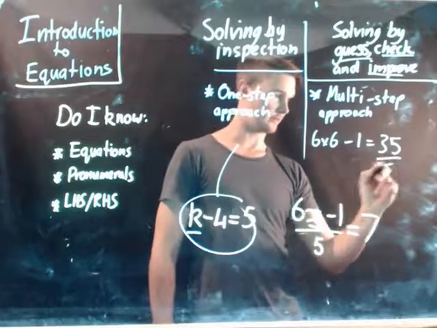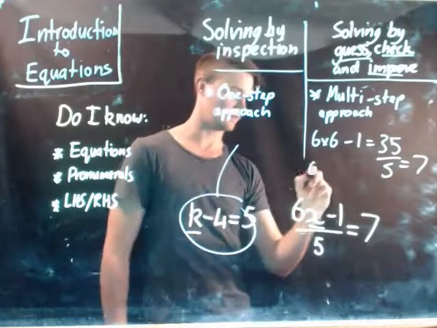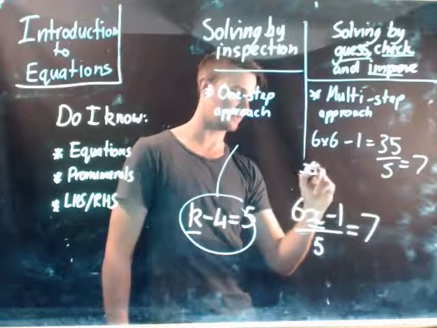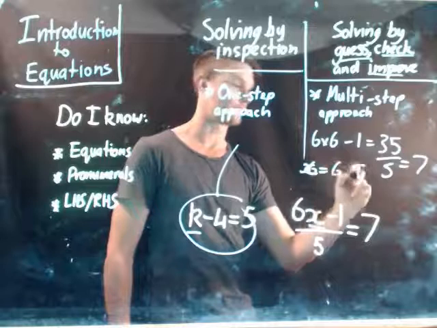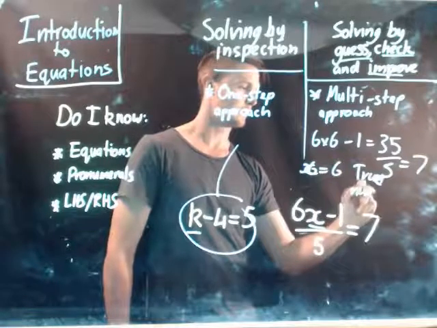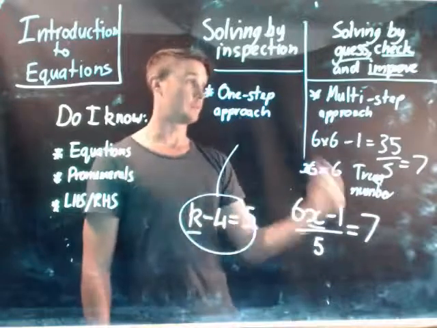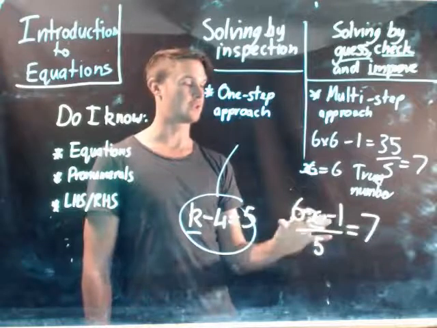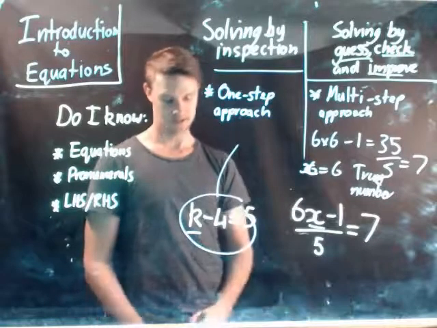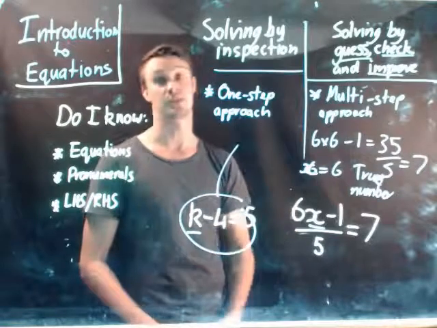So I've checked that x equals 6, which makes it a true number sentence. If we didn't guess it straight away, we'd have to keep going back and improving and making sure that our LHS matches our RHS. So those are the two strategies that you can use, solving by inspection and solving by guess, check, and improve.